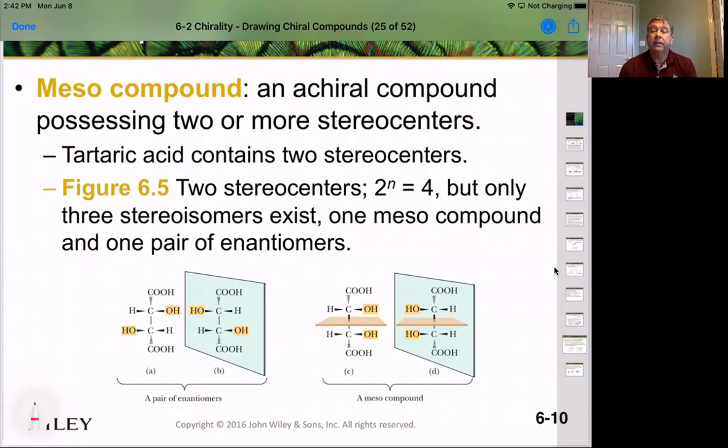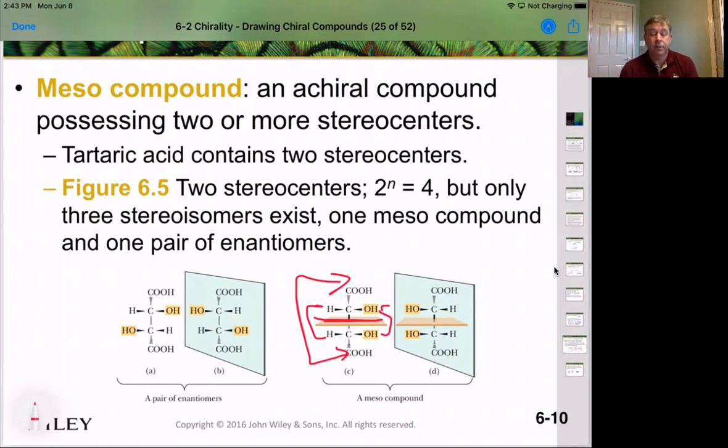In the case of a meso compound, if you can find a mirror plane inside the compound such that they have a superimposable image within itself, see how this looks like that, this looks like that, and this looks like that, okay? We now have a mirror image inside the molecule. If we have a mirror image inside the molecule, that means that it is superimposable.